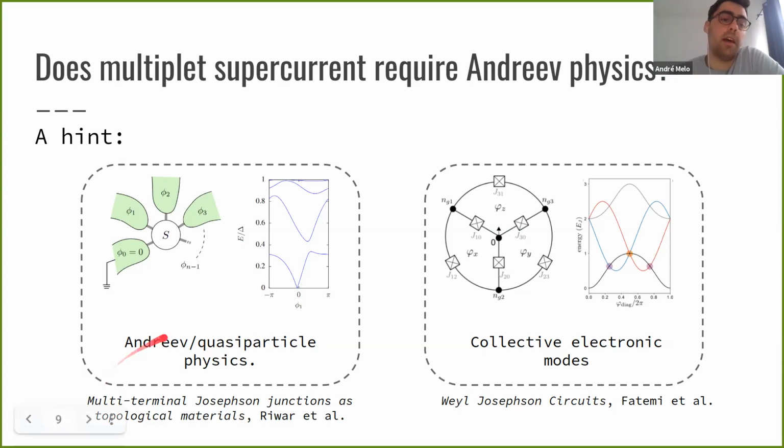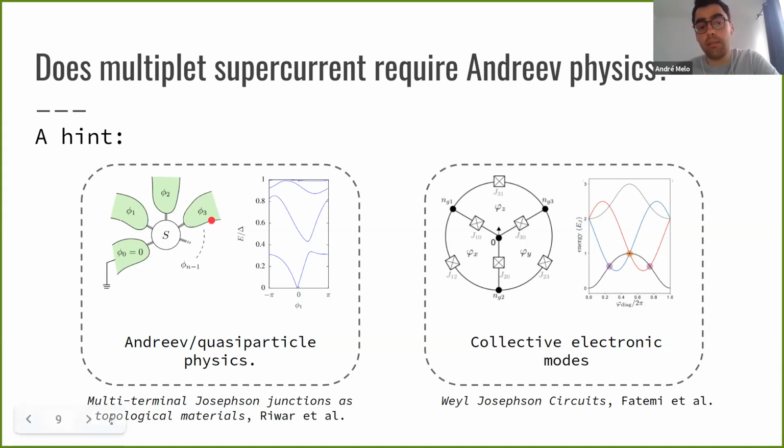They discovered that if you take a central scattering region, a normal metal for example, and you connect it to superconducting leads, this sort of device can emulate topological band structures. So you can essentially make a topological material out of these things. The way to think about this is the following. This structure will have some energy levels, and those energy levels will depend on the phases of these superconducting terminals.